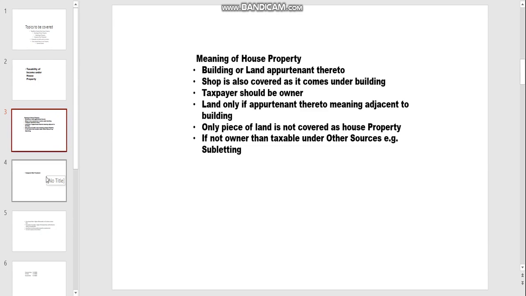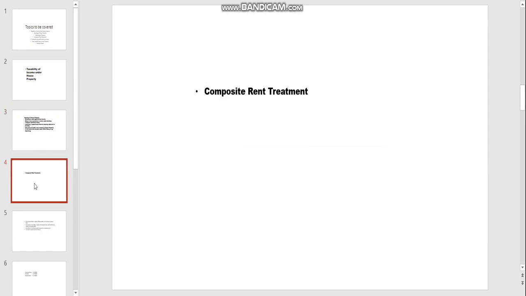The next point is, if we are receiving composite rent, that is rent for a flat as well as the furniture within the flat, then how is it taxable? Composite rent, there are two cases, two circumstances. Firstly, when the composite rent is inseparable, that is, we are not able to separate the rent charged for the flat and rent charged for the furniture separately.